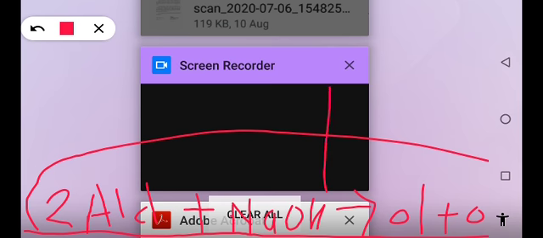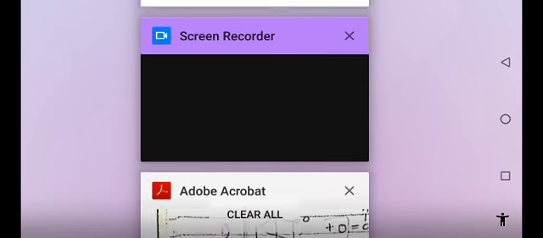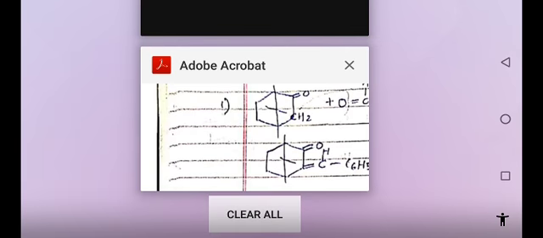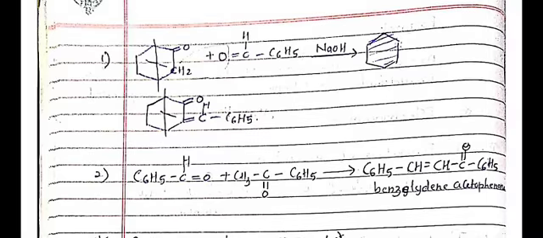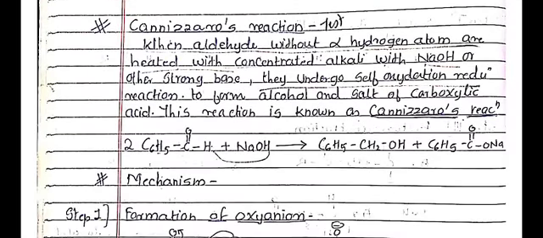So friends, it is the important part. We can easily identify any reactions. In these reactions, we have studied three reactions up to now.